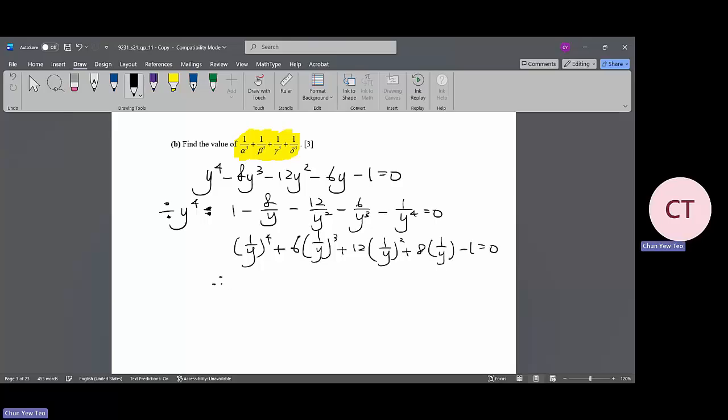Then therefore 1 over alpha cubed plus 1 over beta cubed plus 1 over gamma cubed plus 1 over delta cubed will be equal to negative 6. Done. This will be the answer for question number 3B.